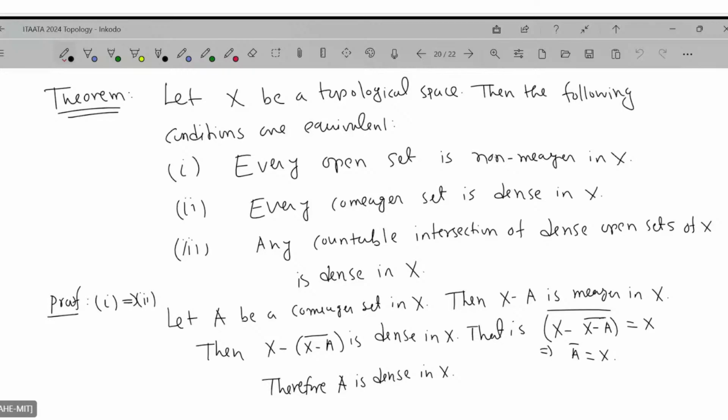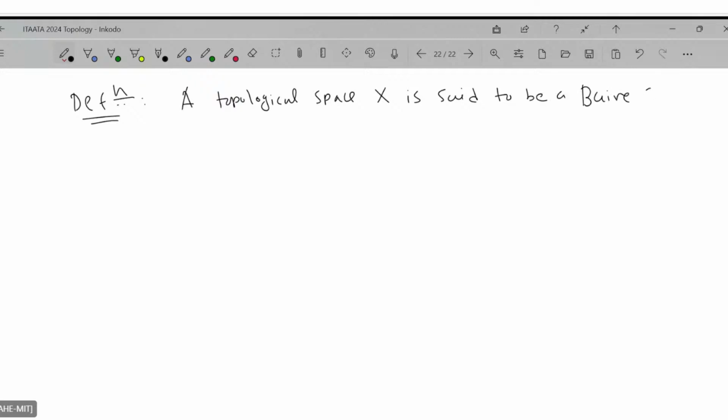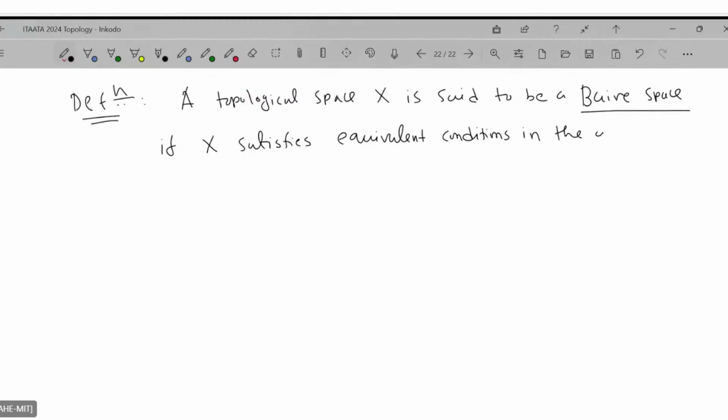Okay. So here is our main definition. A topological space X is said to be a Baire space, B-A-I-R-E, if X satisfies the equivalent conditions in the above theorem.